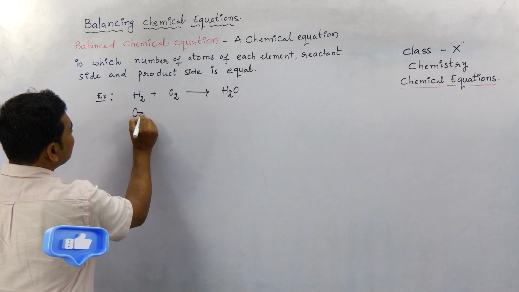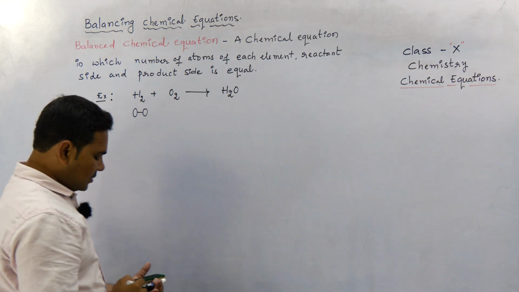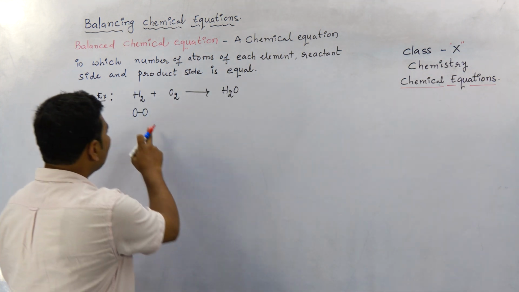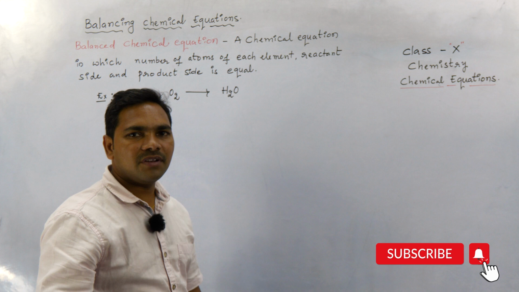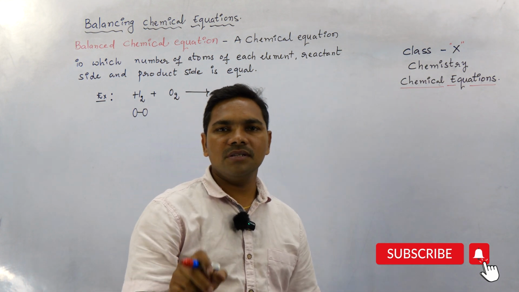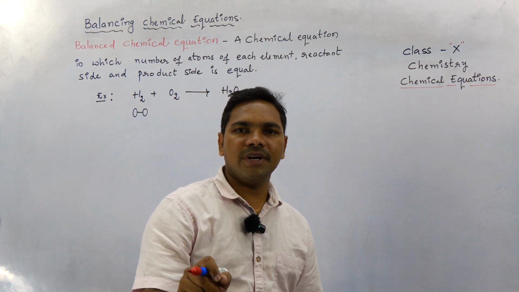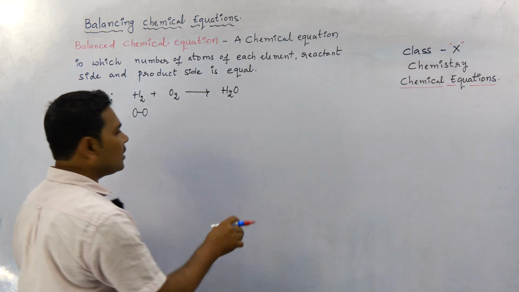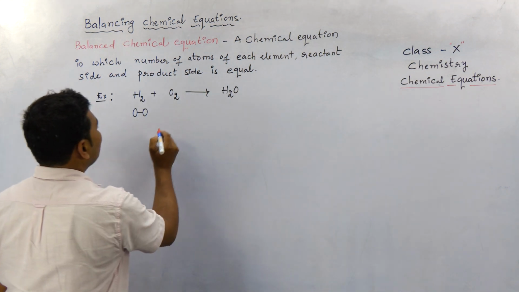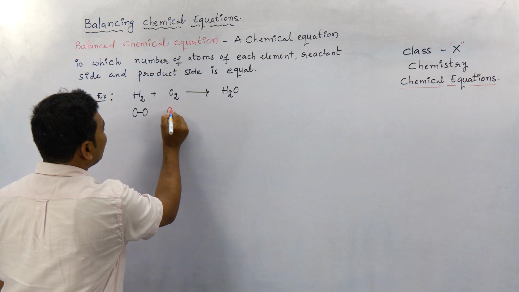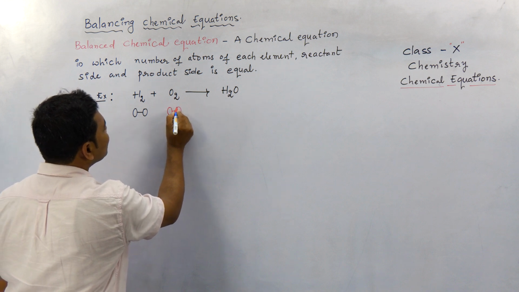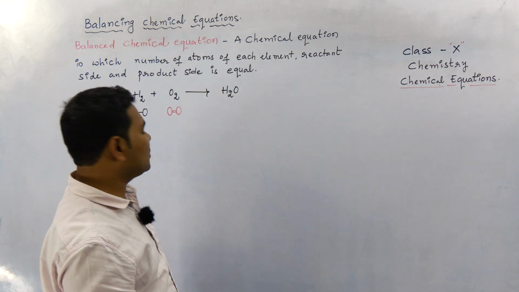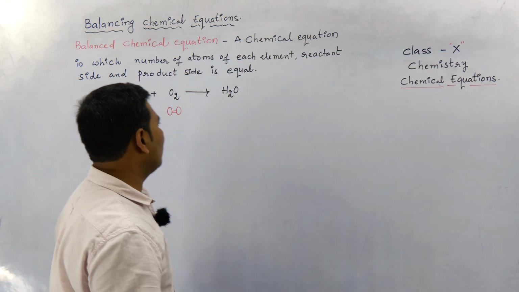Let me write two black circles for representing hydrogen atoms, and this hydrogen is combining with oxygen. Whenever we write hydrogen and oxygen in their pure states, we must write O2 for oxygen and H2 for hydrogen. So here I am using red circles to represent two oxygen atoms that are bonded with each other. The black circle represents a hydrogen atom, and the red circle represents an oxygen atom.